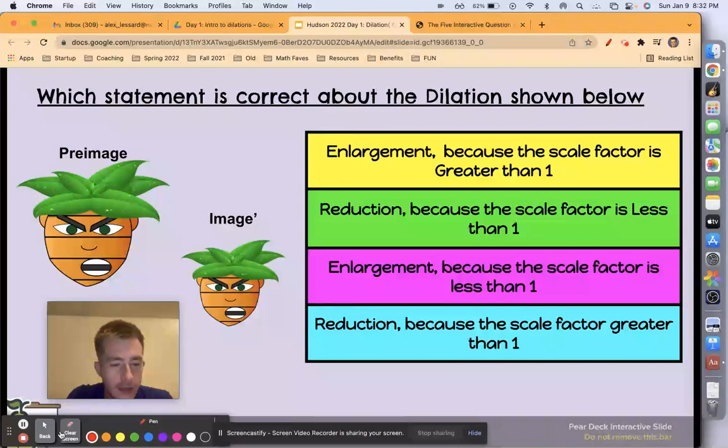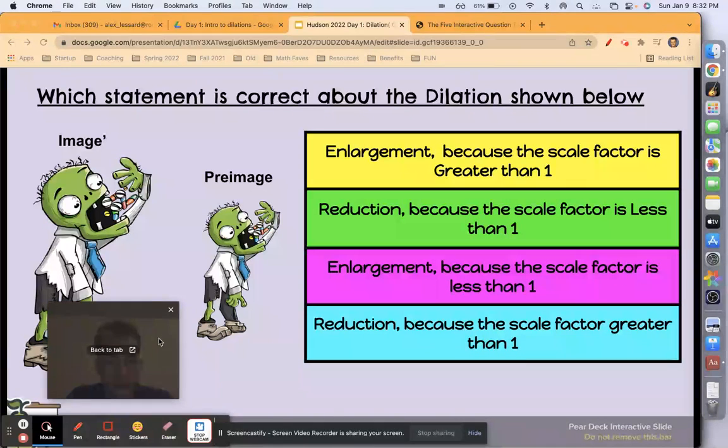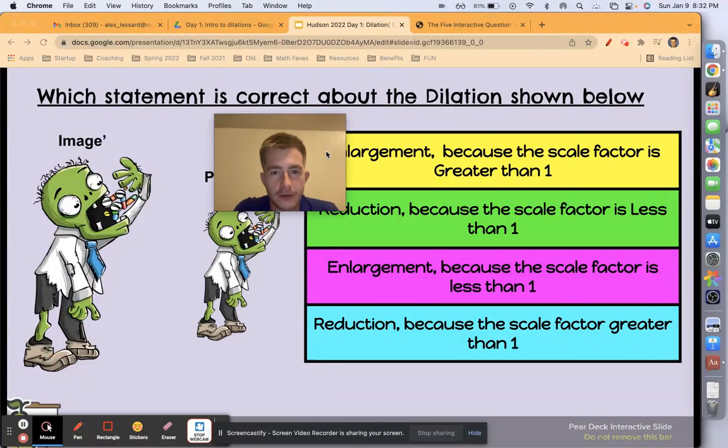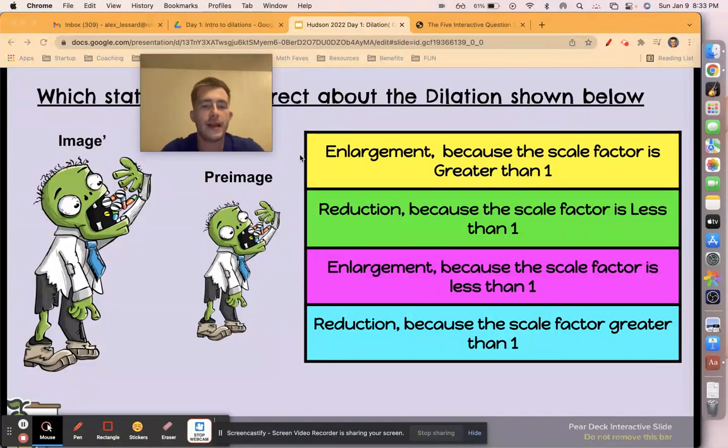All right, moving on. Let me get my face out of the way here. Put it up here. All right, pre-image versus image. Which statement do you think is correct about the dilation shown below? Take about 30 seconds. All right, so this one seemed to get bigger.